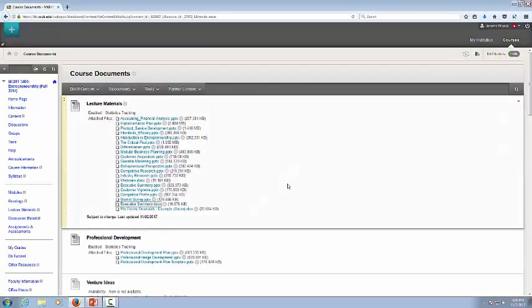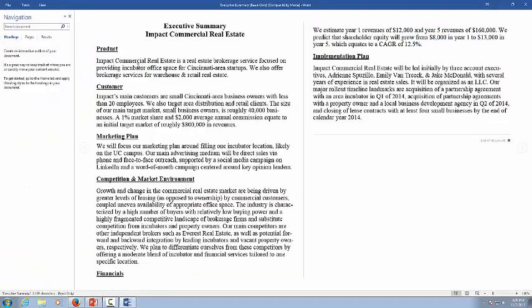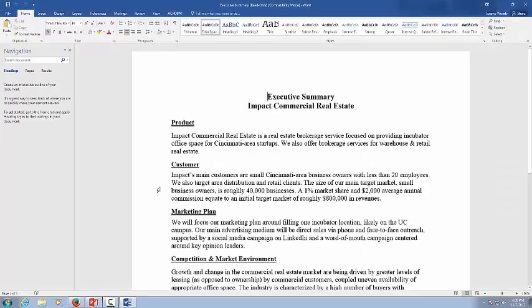So if we open up this template, I want two sentences about what the product is, 2 sentences about who the customer is, 2 sentences about what your marketing plan is, 4 sentences about what the competition and the market environment are, 2 sentences about what your financials are, and 2 sentences about your implementation plan. Okay? That's the overview of the executive summary.